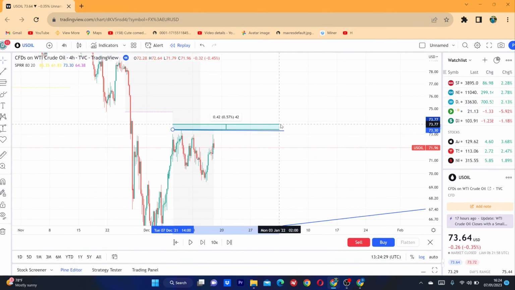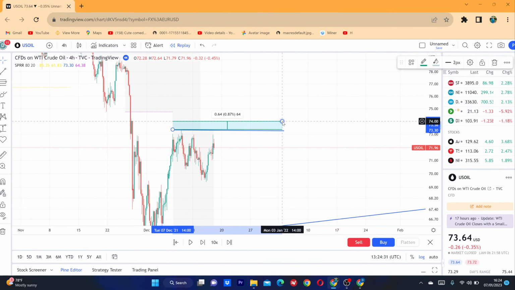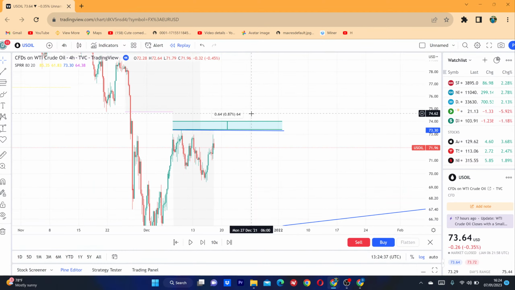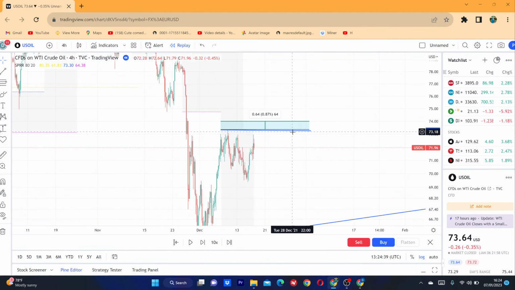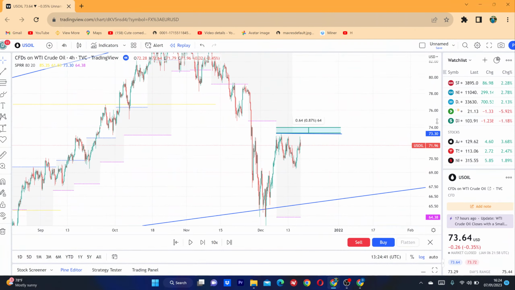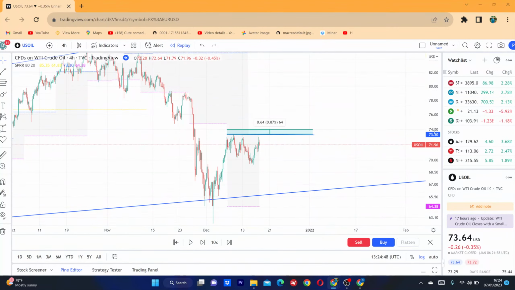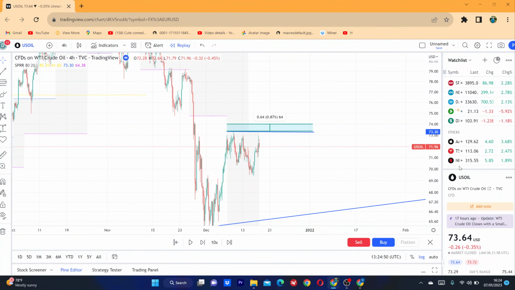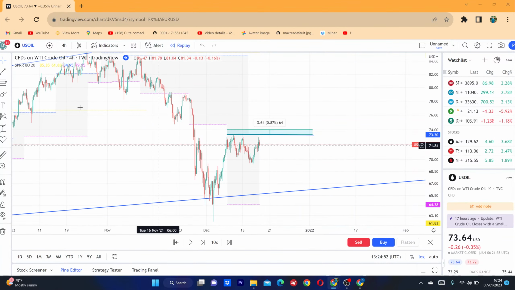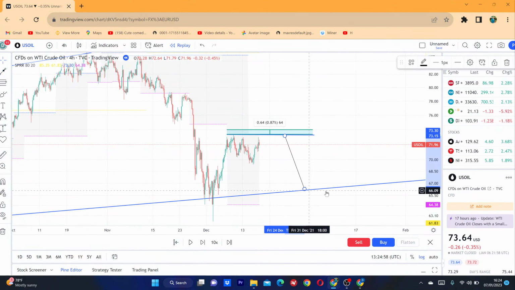But in case it breaks that area, I know the market is now going to go to the next level up, maybe touching all the way up to this place. But in case it does a reversal over here, because you can see it is making lows over here on the smallest time frame, then the market will be touching this area.